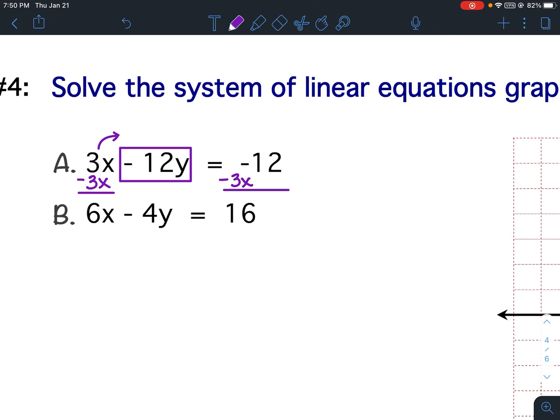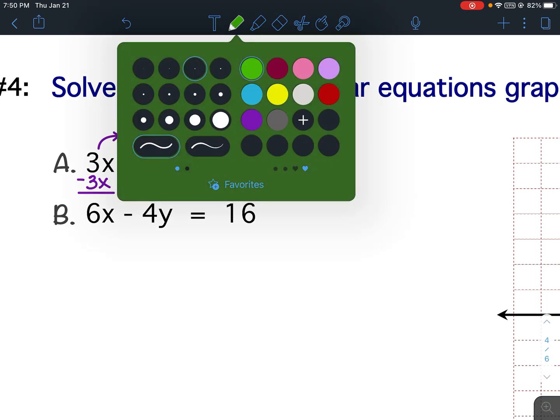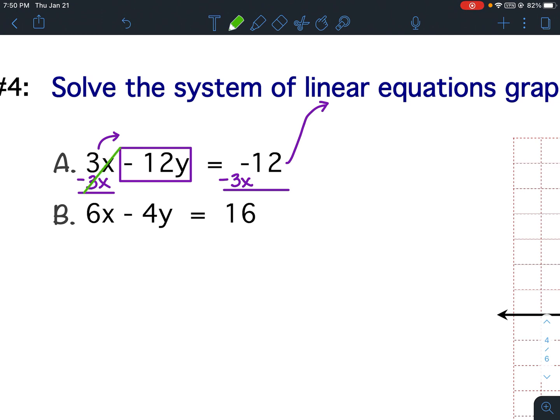We're going to write it up here. Cancel my 3x. So I'm going to have negative 12y equals negative 3x minus 12.